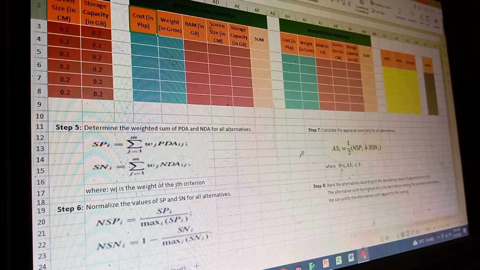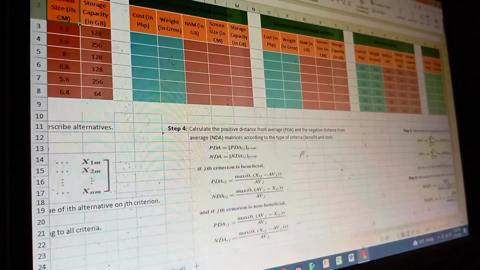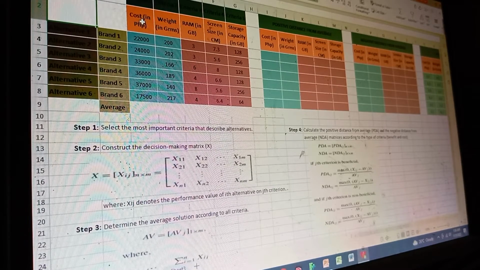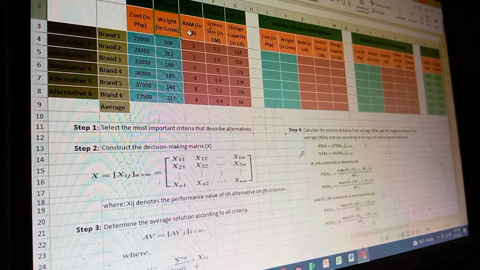So let's start here with step 1, select the most important criteria that describe the alternatives. We already determined the criteria that we are going to use: the cost, the weight, RAM, screen size, and the storage capacity, with these given values.